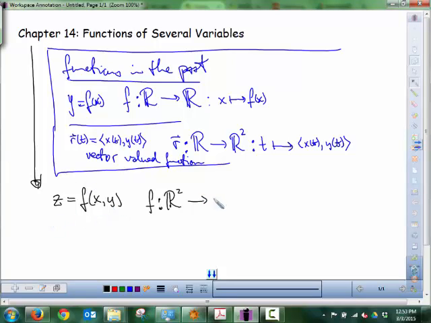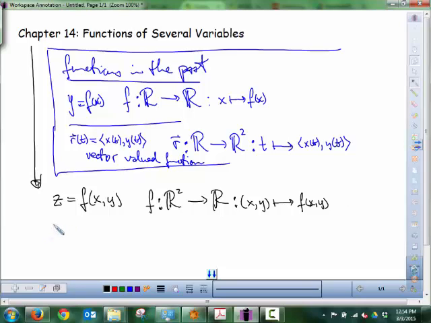So this thing is going to produce a scalar, and your output is just R. So instead of looking at it as taking a scalar and sending it off to something else, your input will actually be a point, and then your output would be your z, or I guess we should call it f of x y. No, not an inverse. Not at all an inverse. It's a totally new type of function.